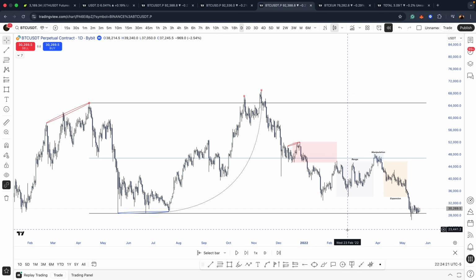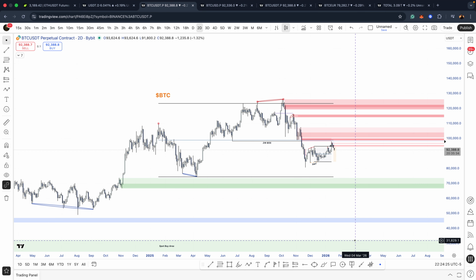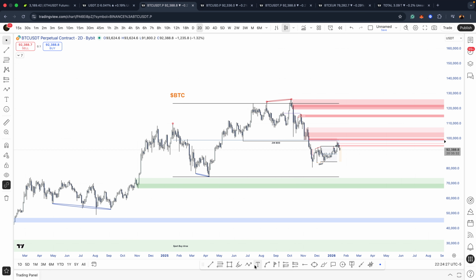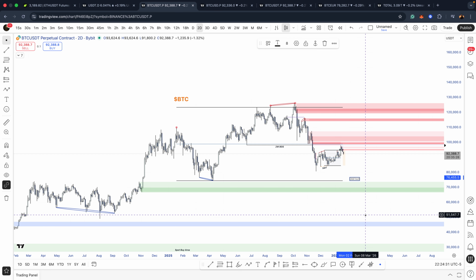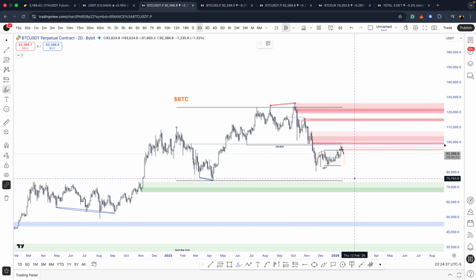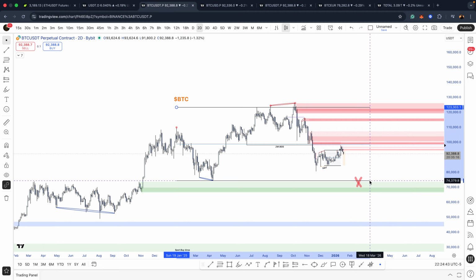Technical target. Whoa, wrong chart. Right here. Technical target right here. Extend the range. Wow. Okay. Let's get rid of that, please. Okay. Technical target right here. Same range, same time frame, 74K. That's what we're looking for.